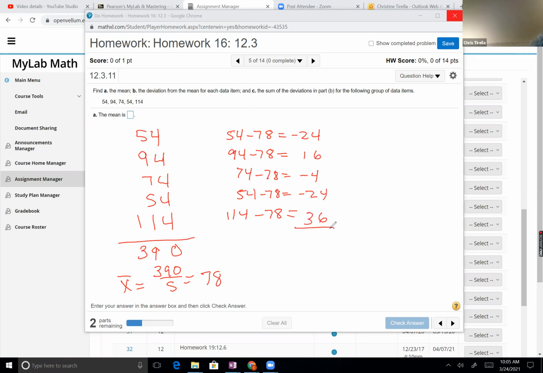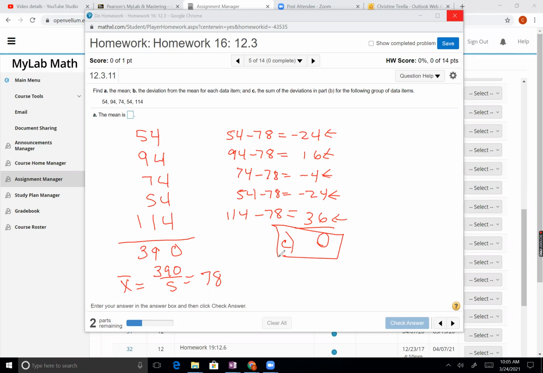And so now when I add all of those, 36 plus negative 24 plus negative 4 plus 16 plus negative 24, they should add to 0. So these would be your deviations. And then part C, the sum of the deviations is 0.